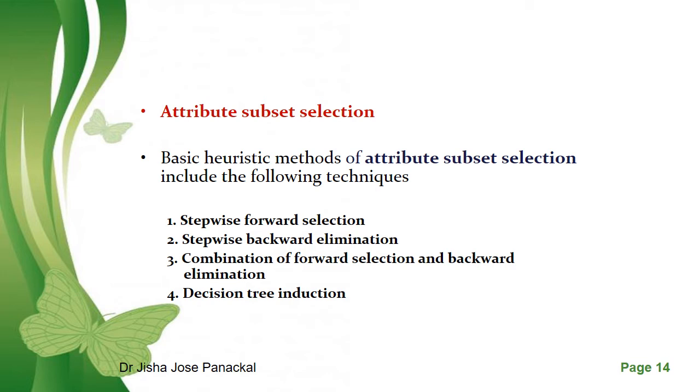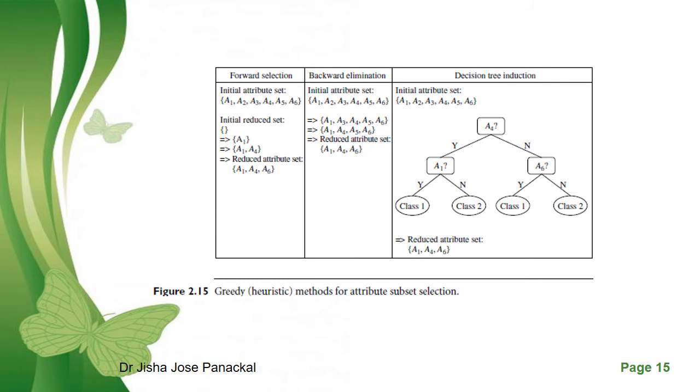One is stepwise forward selection, or we can do stepwise backward elimination, or we can use a combination of forward selection and backward elimination, or we can use decision tree induction for selecting attribute subsets. This can be explained with this figure. This is a greedy or heuristic method for attribute subset selection. Here we have forward selection, backward elimination, and also decision tree induction method.